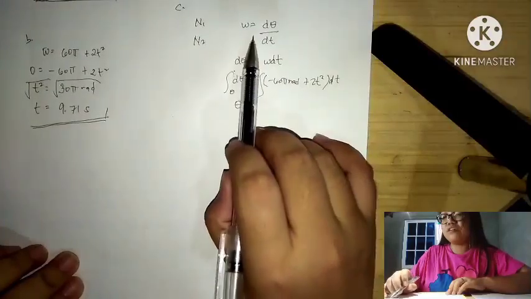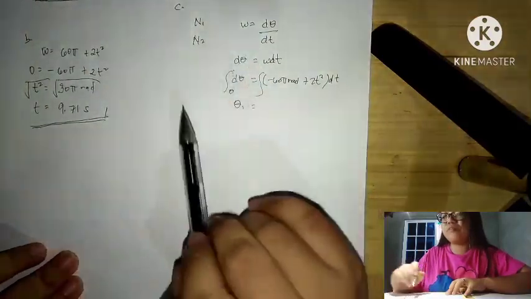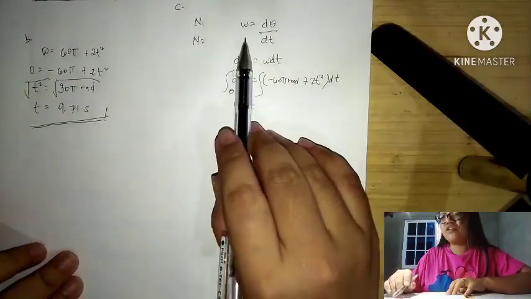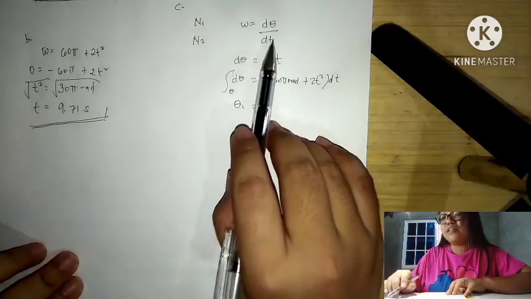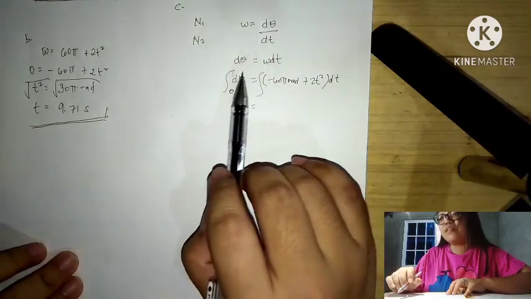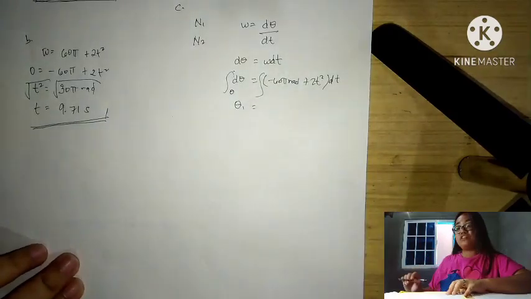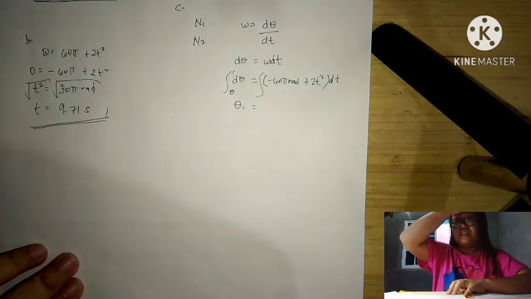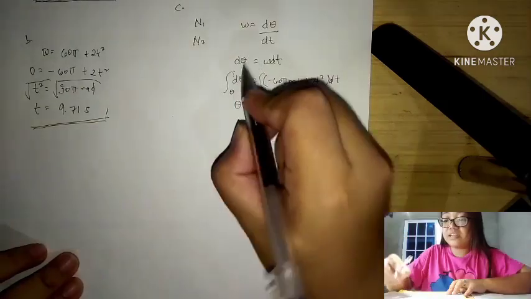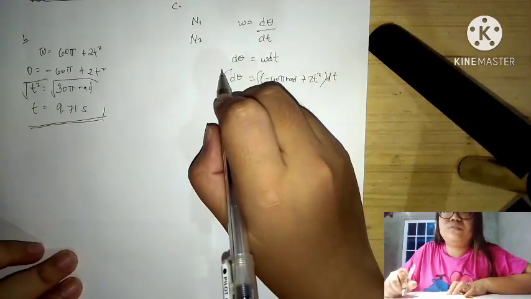Yung equation na gagamitin natin is omega equals d theta over dt. Then, isa-substitute lang natin.